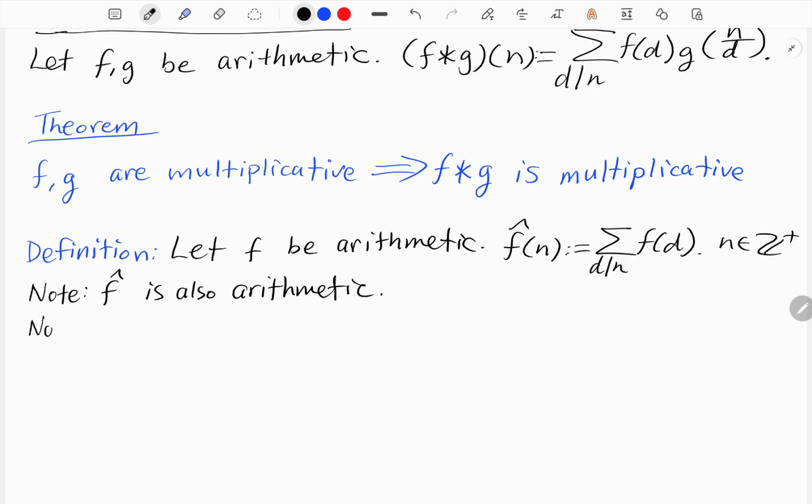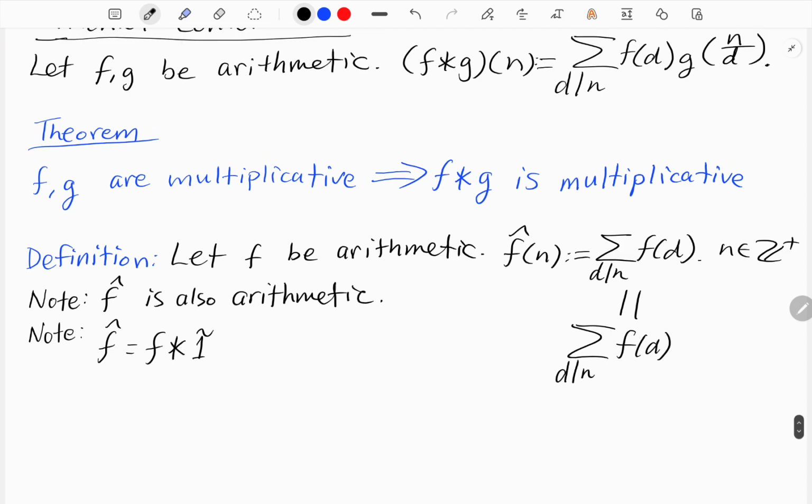And another thing to note is that this f hat is equal to f convolved with the one function. And the reason why is because, if you look at this definition, this is the same thing as the sum over d dividing n of f of d.